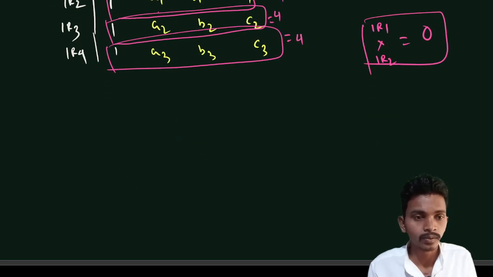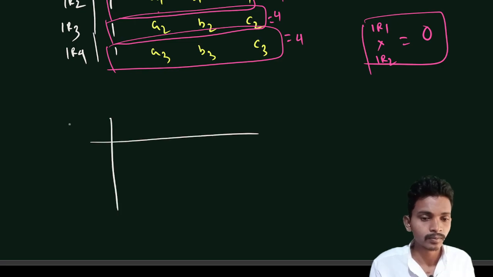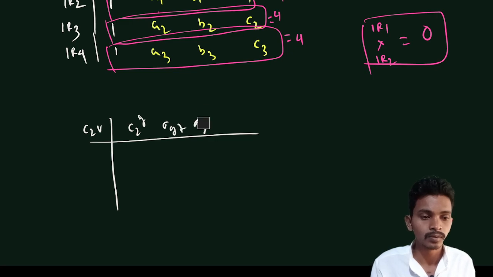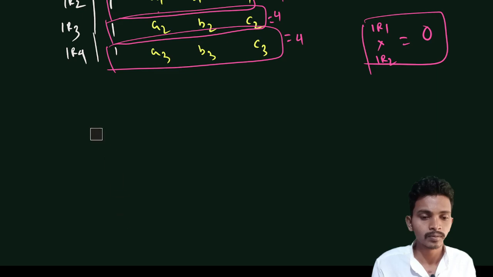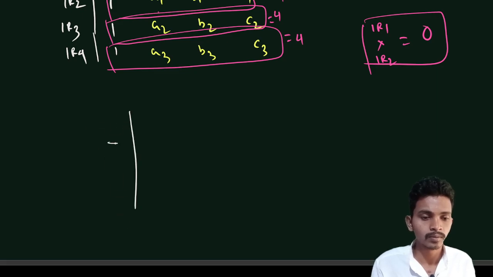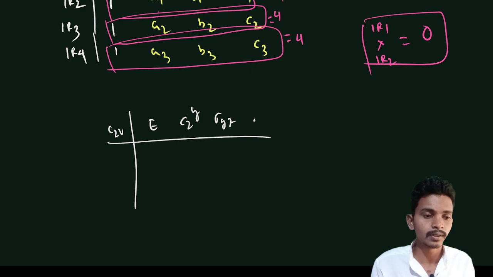So now what do I do? E, C2, sigma xz, sigma yz.